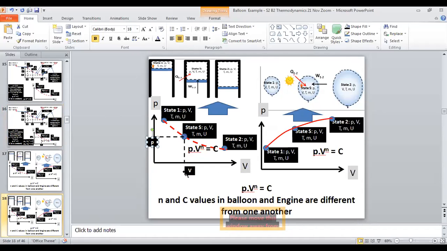P and V. Okay, and this is for the other case here.